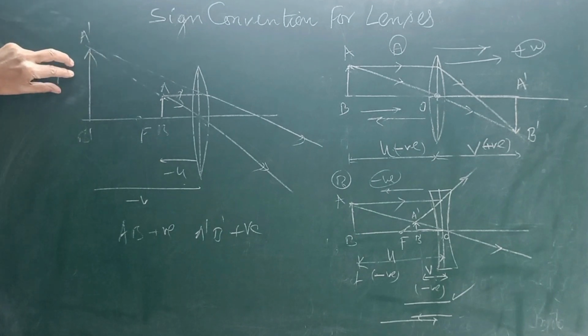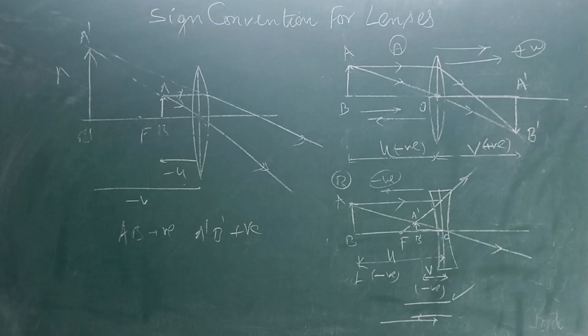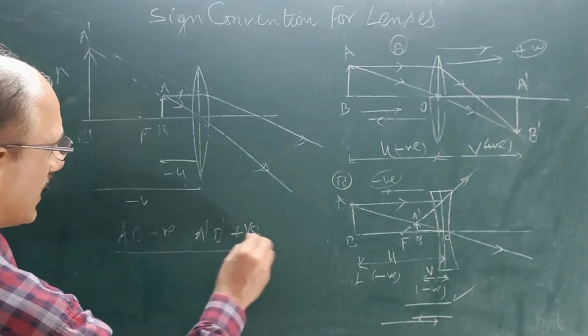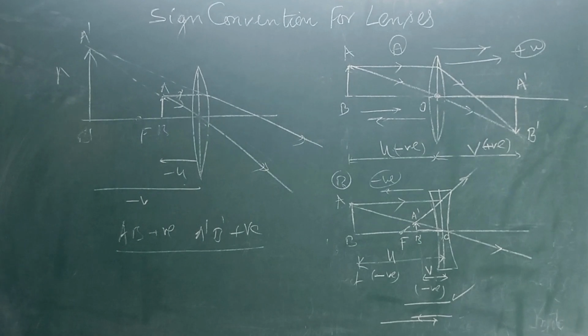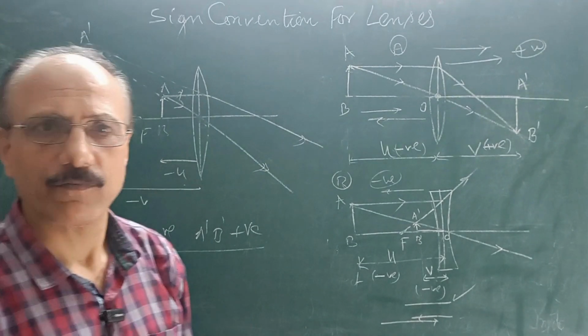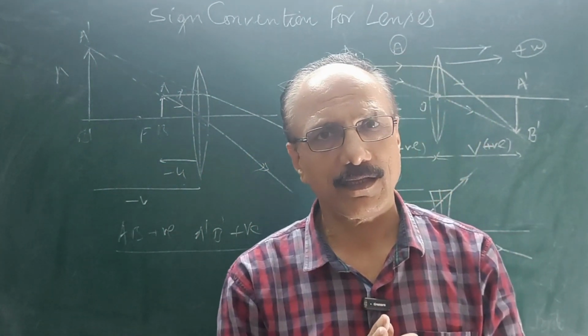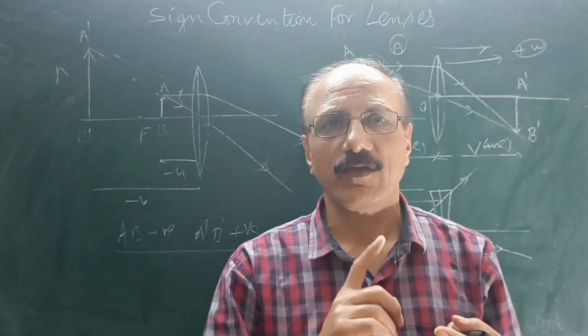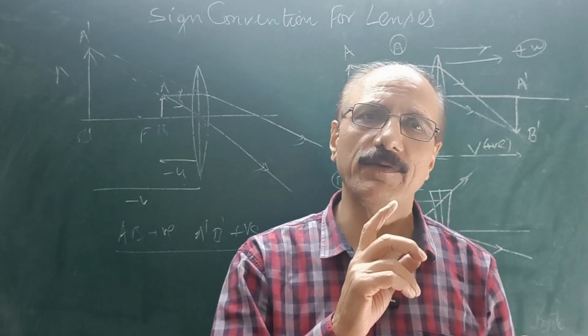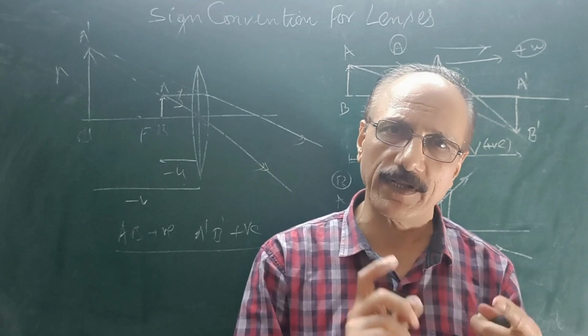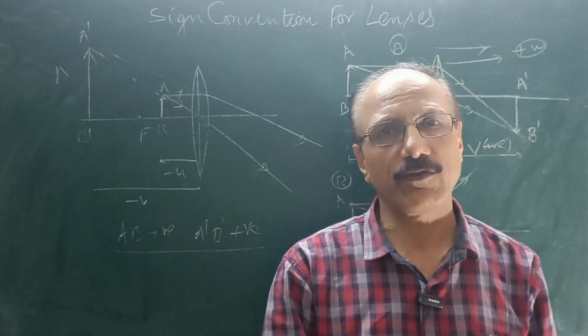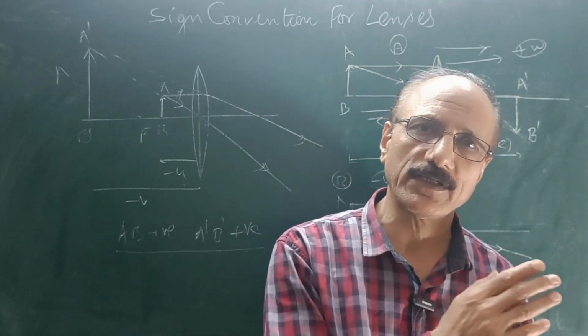This is the only situation where image distance is positive. So you can just revise. Light is to be considered originating from the object always. To measure distance, you have to move from the optical center of the lens, and you can go toward the object as well as toward the image.